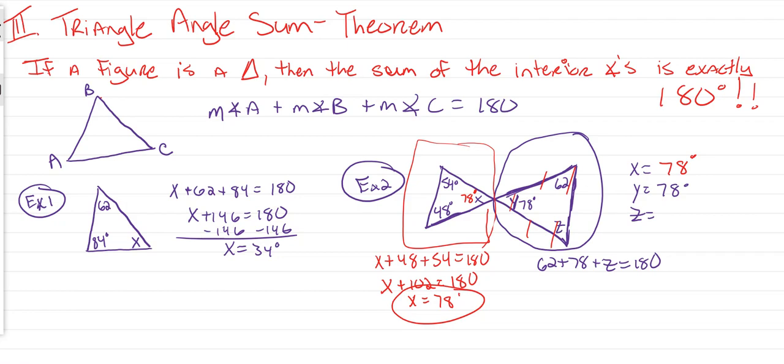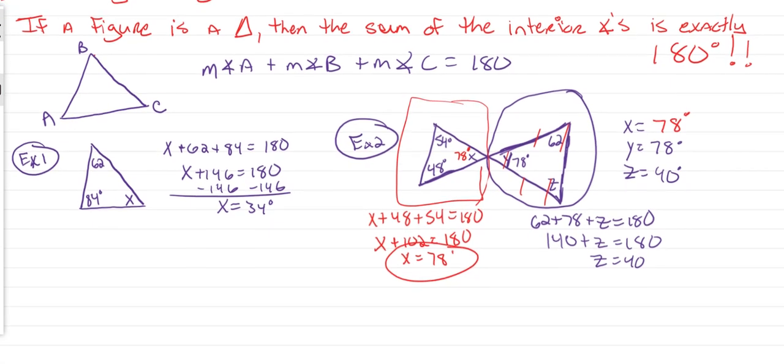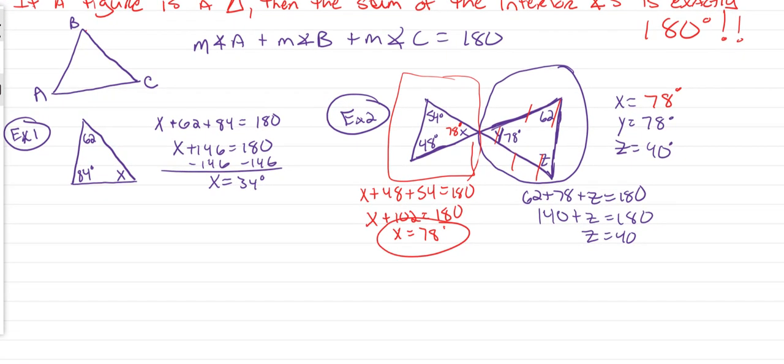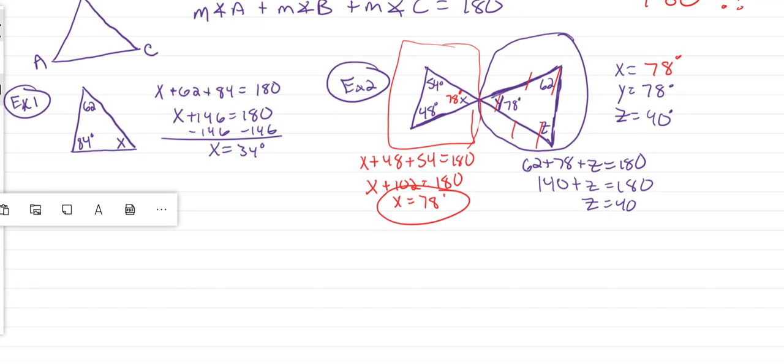So add these together, I end up with 140 plus z equals 180. z is 40. So that would be more of a geometry application of this triangle angle sum. And we'll just do one more example, and then we'll come back together and work on the packets.